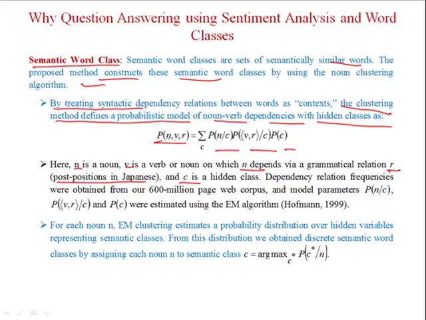Dependency relation frequencies were obtained from 600 million pages, and P(n|C) were estimated using the EM algorithm. For each noun n, EM clustering estimates a probability distribution over hidden variables representing semantic classes. So here C can be calculated by using the argmax of P(C|n), where P(C) is a prior probability.